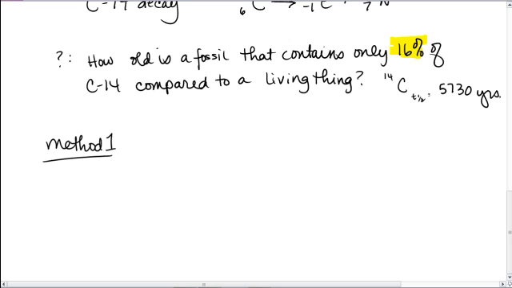If I use method 1, I could actually solve for the rate law constant. So I can use the equation k is equal to 0.693 divided by the half-life. So 0.693 divided by 5,730 years is my k.